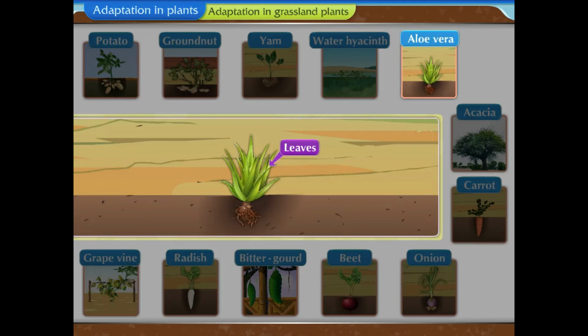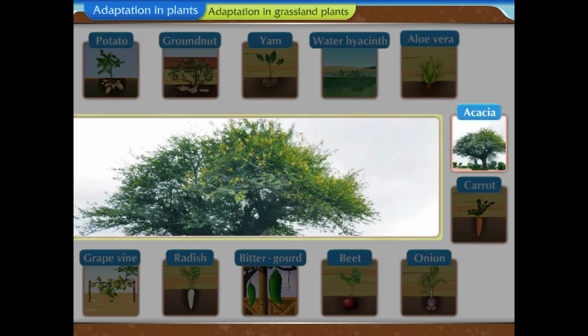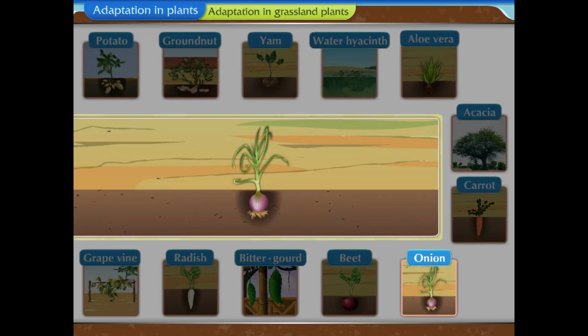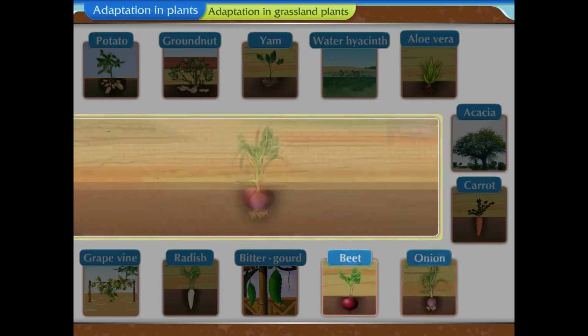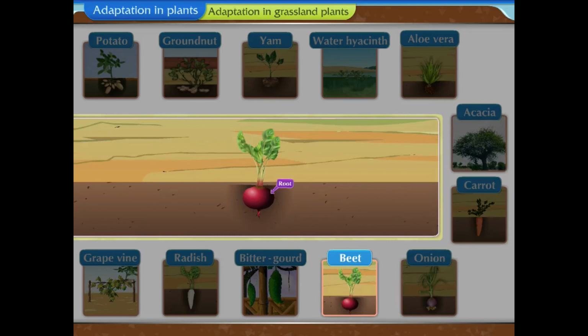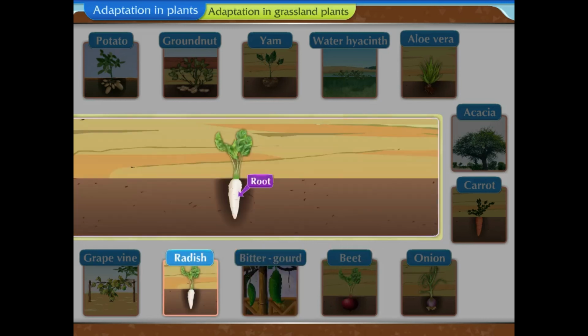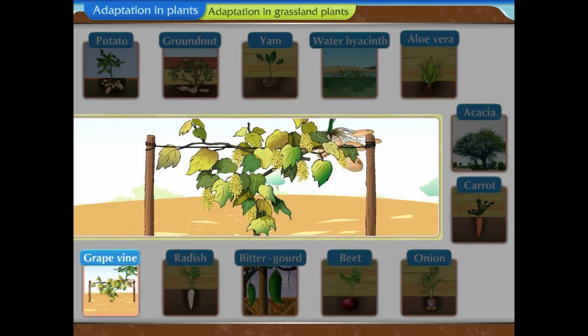Adaptation of leaves is seen in aloe vera, while adaptation of flowers is seen in acacia. Carrot shows adaptation of roots, onion shows adaptation of leaves, while beet plant shows adaptation of roots. Adaptation of stem is seen in bitter gourd, adaptation of roots is seen in radish, grapevine shows adaptation of stem.